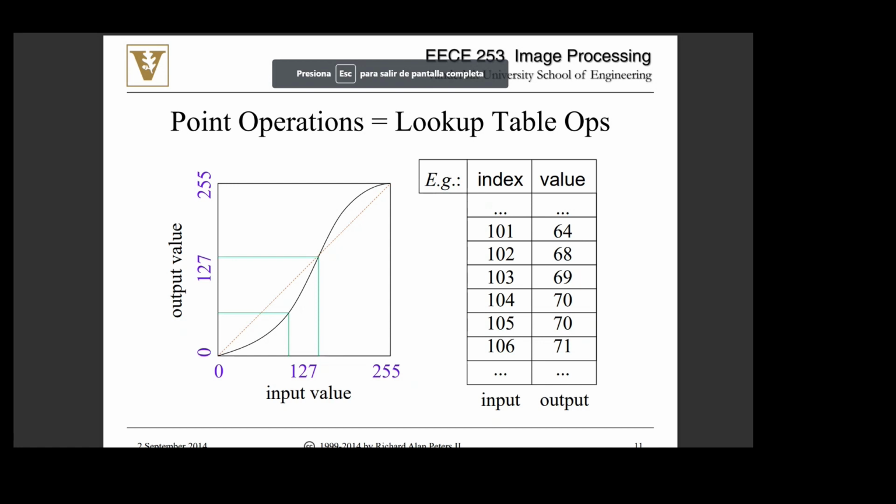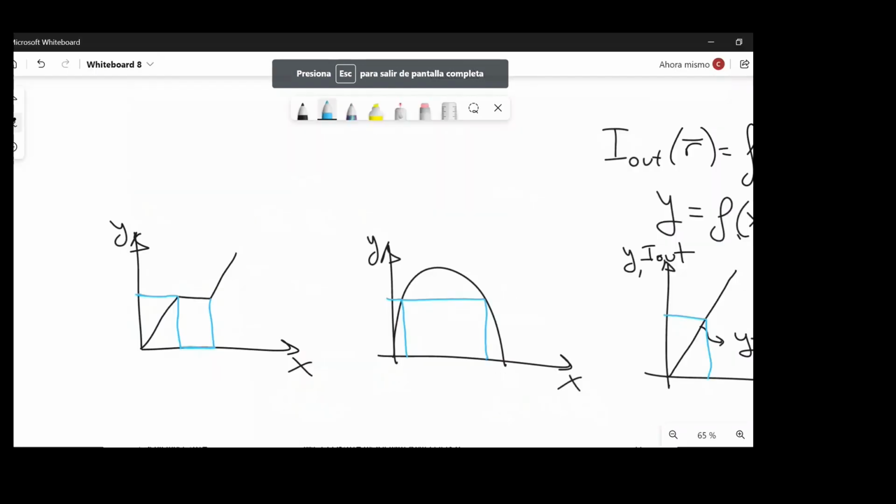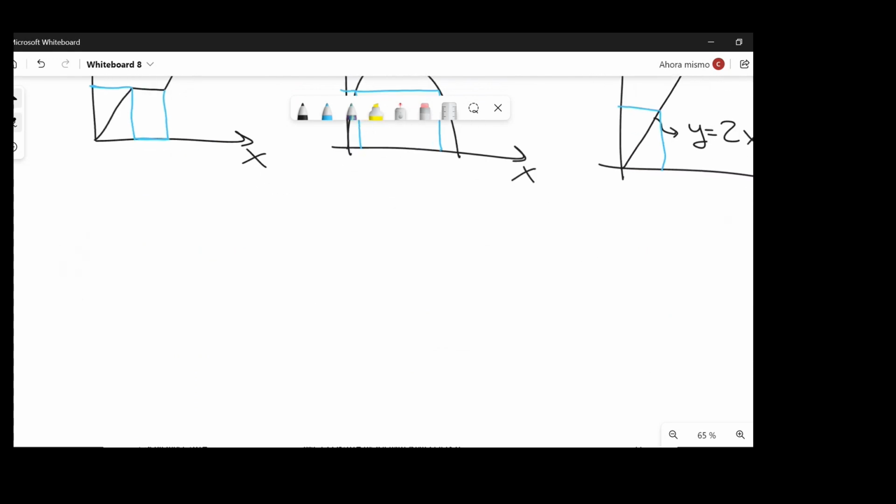This is a general concept with functions. Why do we write this function? Because it is a very convenient way of writing a transformation that is very inconvenient to write.